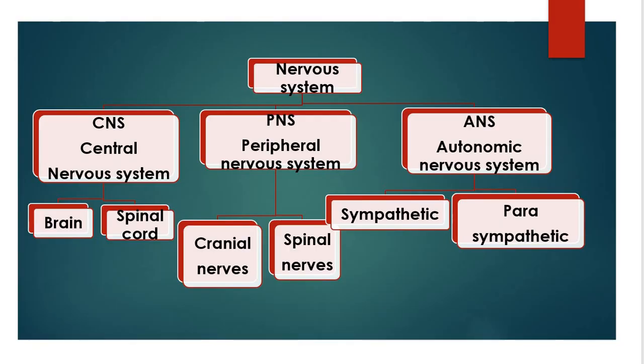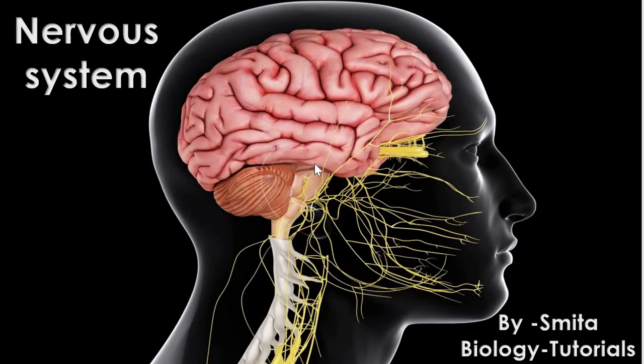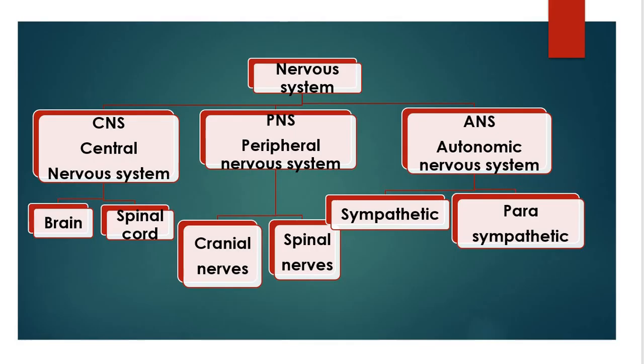The second part is the peripheral nervous system. Peripheral, peri means charo taraf, all around. The nerves which arise on the boundary of the central nervous system make the peripheral nervous system. So as per this diagram, these nerves which arise from the brain and the spinal cord make the peripheral nervous system.